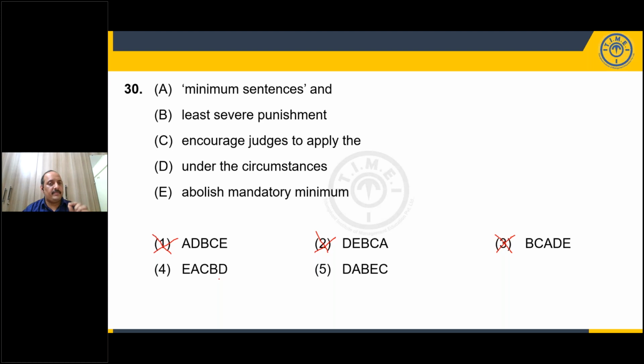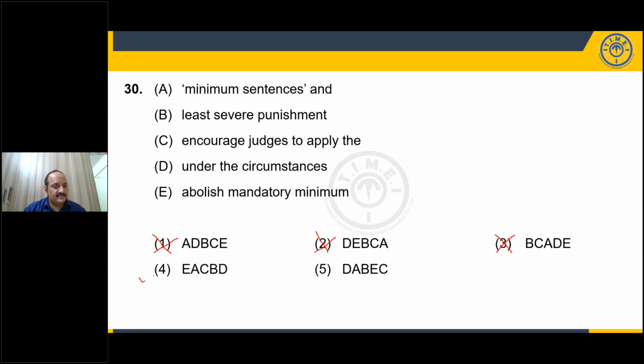Now let's check the fourth one. Abolish mandatory minimum sentences. All right. Abolish mandatory minimum, double quotes minimum sentences. Now, if the quote was not there, then this would have been a repetition. But because of the quote, I'm again emphasizing that idea. So abolish mandatory minimum sentences, and encourage judges to apply the least severe punishment under the circumstances.